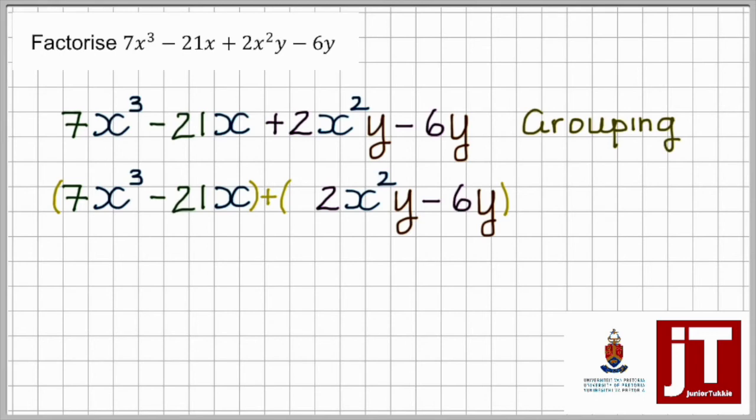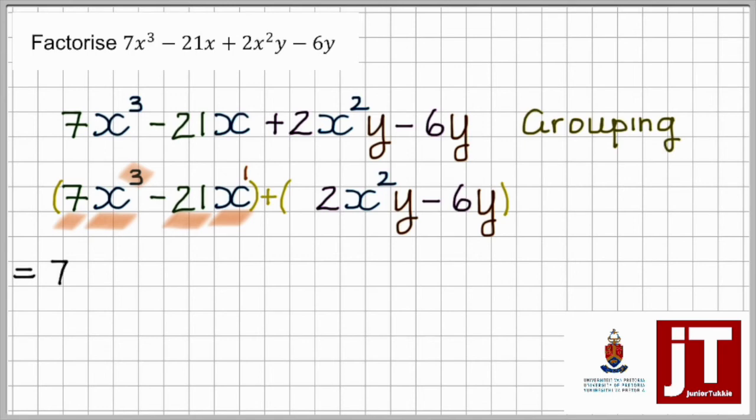Now that we have grouped similar terms together, we can start to factorize what is contained in each set of brackets. If we look at the first set of brackets, again we have that the highest common factor of the coefficients is 7. We see that there is a common variable called x, and its lowest exponent is 1.